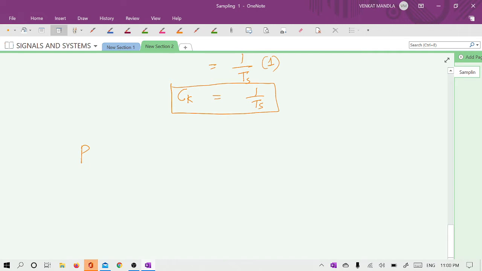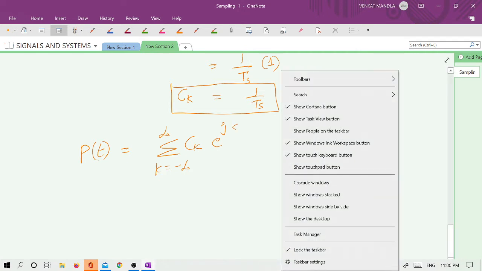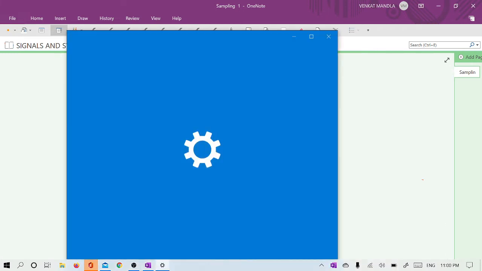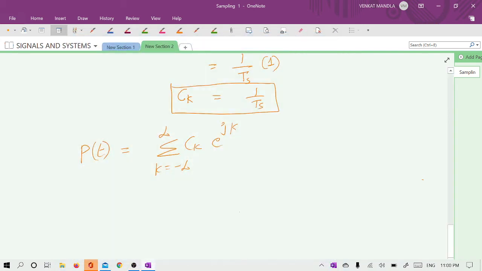Ck, so P of t equals sigma k equals minus infinity to plus infinity Ck e power plus j k times omega naught t, where omega naught is 2 pi by Ts.